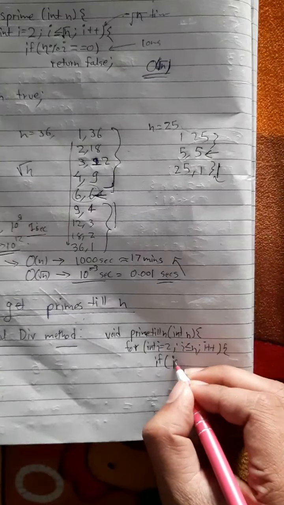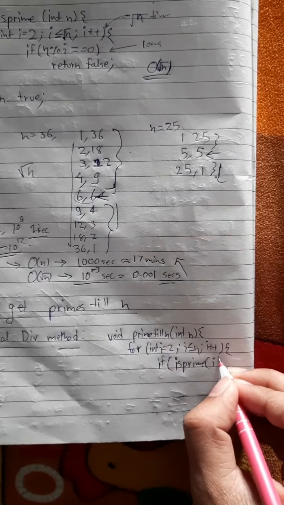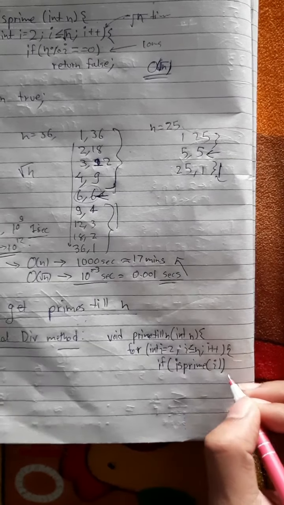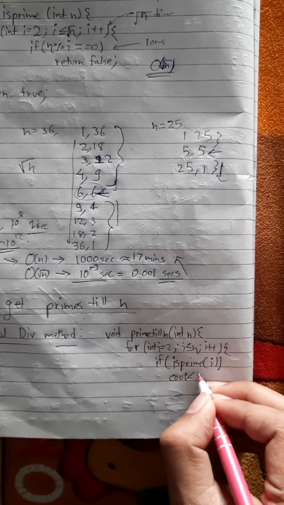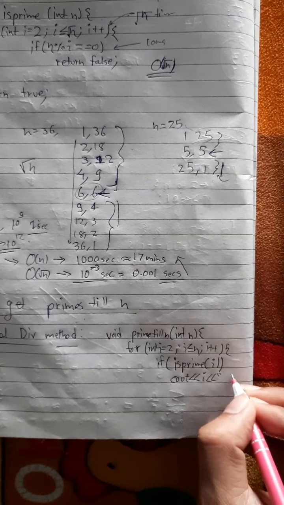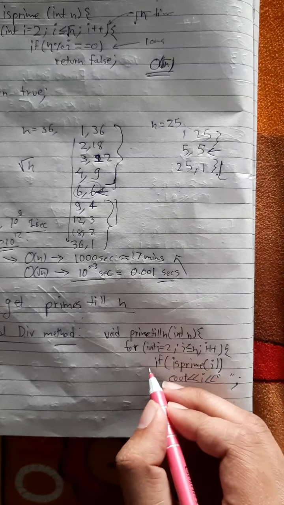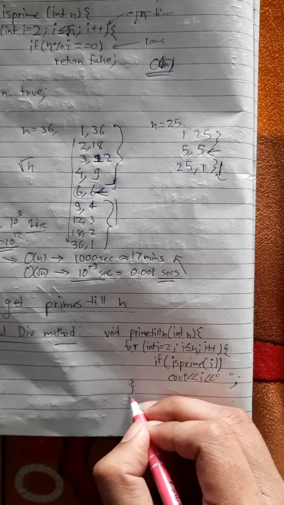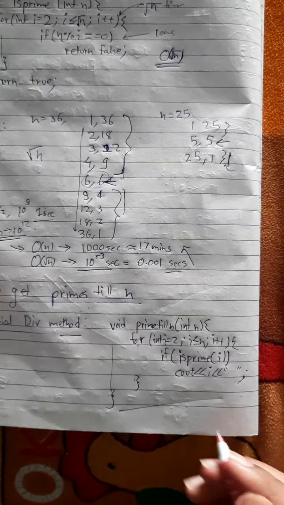So if isPrime of i is true, then it will cout it followed by a space, and that's pretty much it. So the for loop will close. This will give the output primes till n.